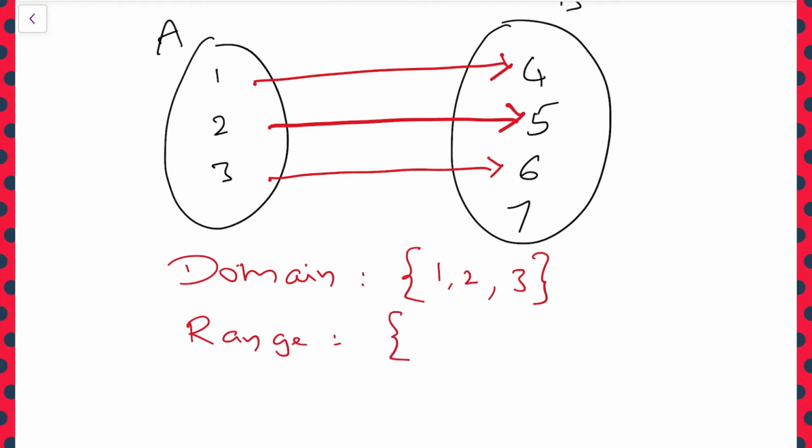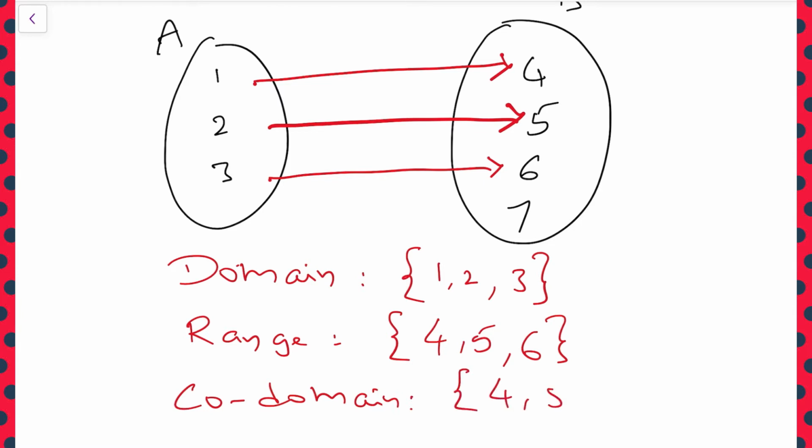After substituting the x value, whatever the answer or result we got, that is nothing but the range. That is 4, 5, 6. Then what is codomain? Codomain is nothing but the set B completely. That is 4, 5, 6, 7.